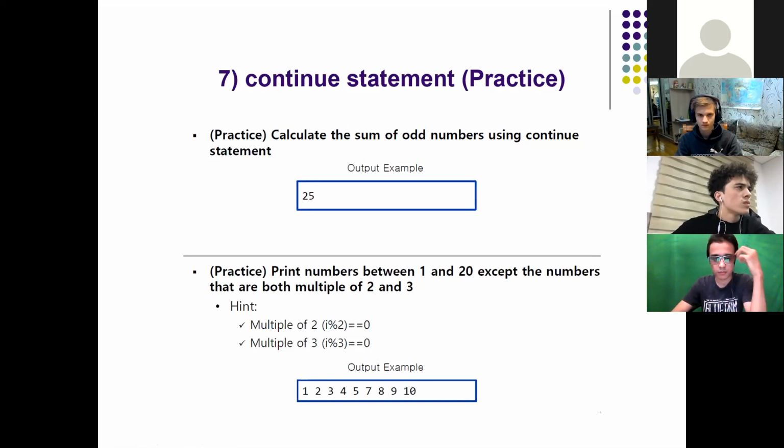So you should print the numbers from 1 until 20. Except the numbers that are both, if the number is divisible by both 2 and 3, then you should not print that number, okay? Right.